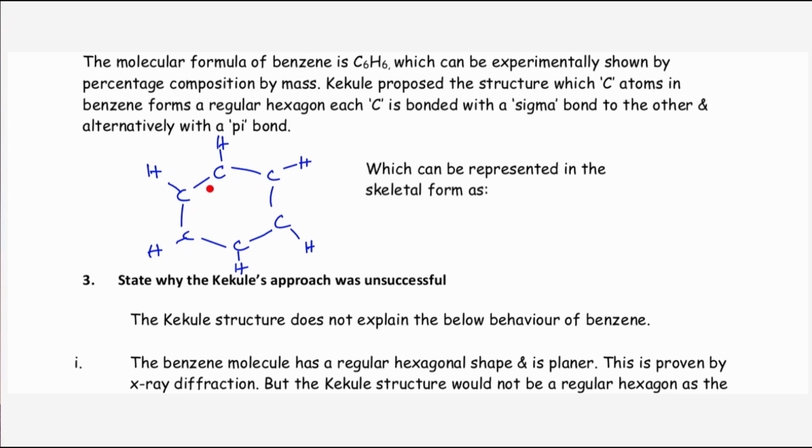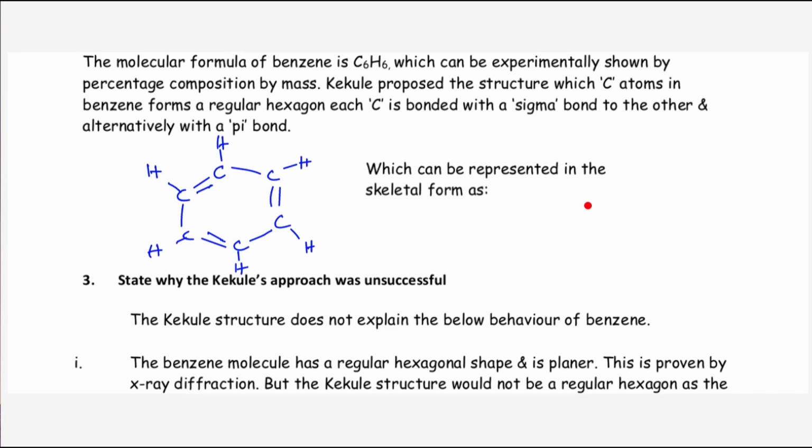So what he did was put alternate double bonds in the carbons. That means alternate carbons have a double bond. Now if you analyze this structure, it has 6 carbons and 6 hydrogens, and all the carbon atoms have 4 bonds. Valence is 4.